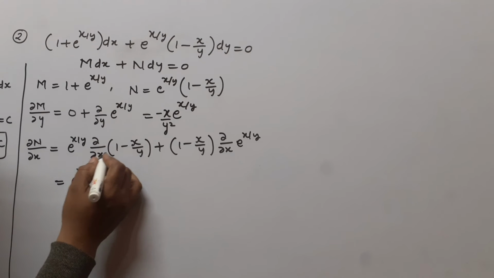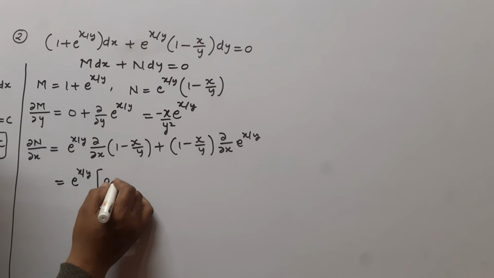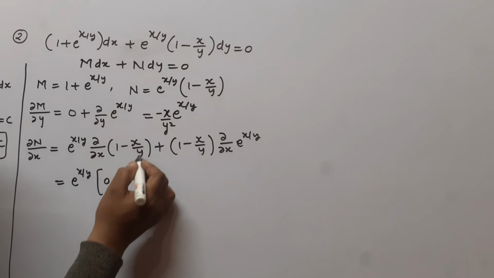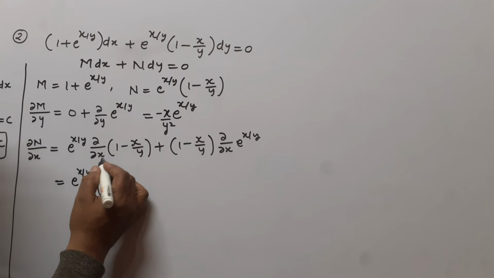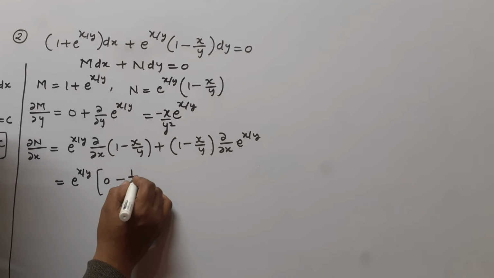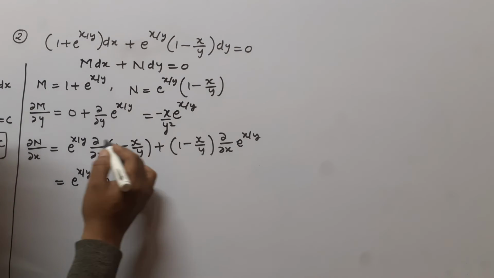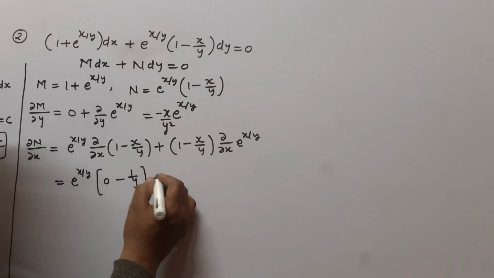When we differentiate 1 with respect to x, this becomes 0 because 1 is constant. When we differentiate x by y with respect to x, 1 upon y is constant because we differentiate partially, and the differentiation of x with respect to x is 1.